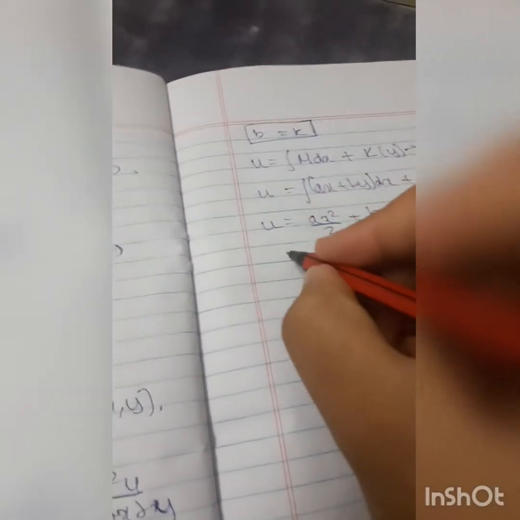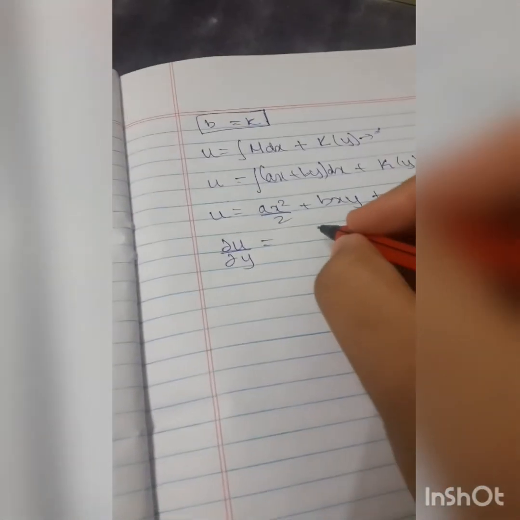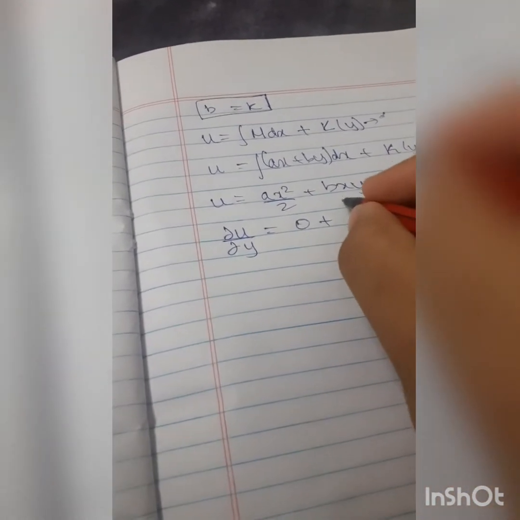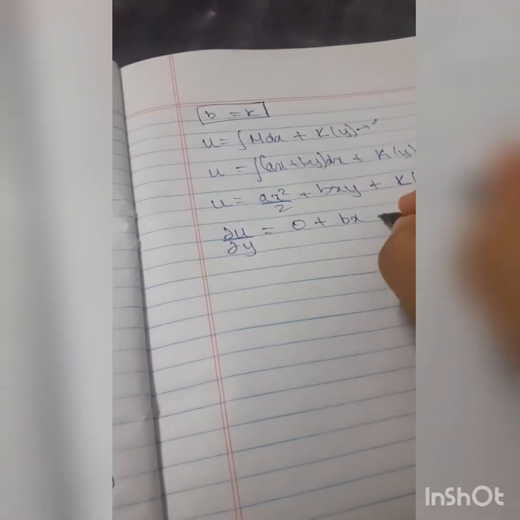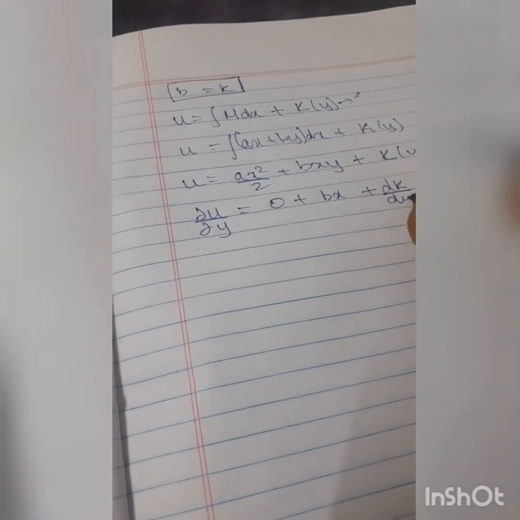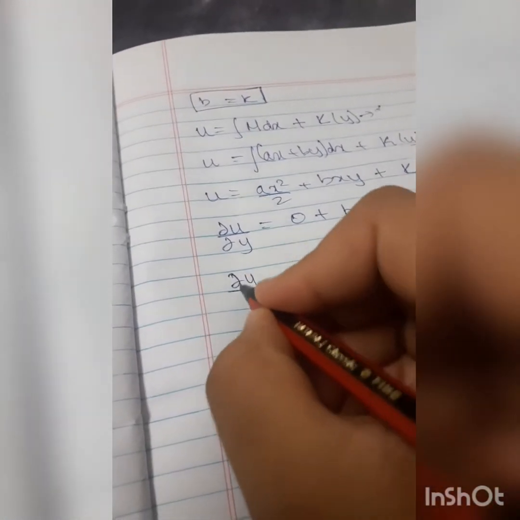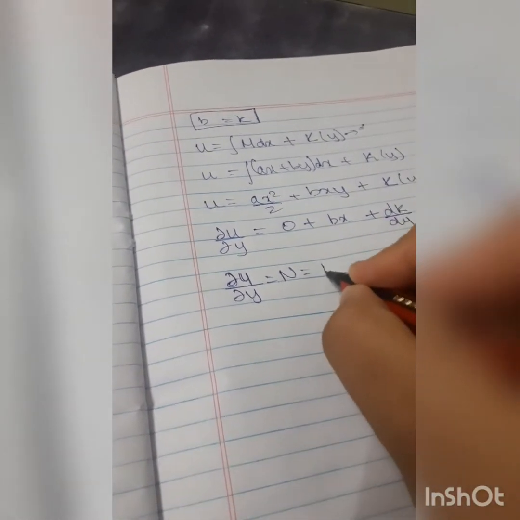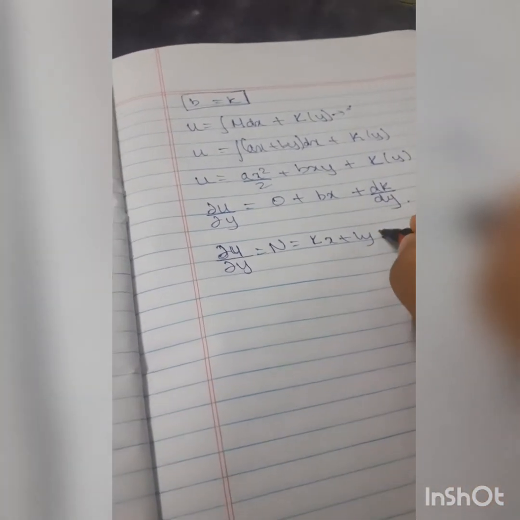Now doing the partial derivative of u with respect to y, we get 0 for the first term, bx plus dk by dy. We also know that del u by del y is equal to N, which is kx plus ly.